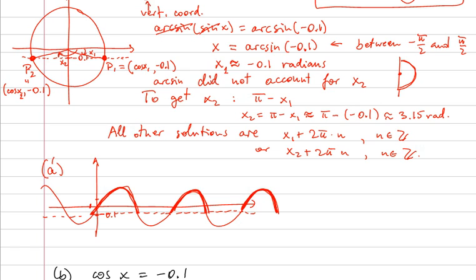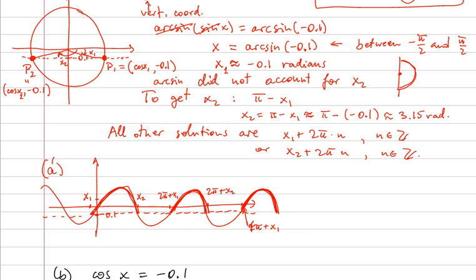And I'm aided by what I did before. This is my angle x1, and here is my angle x2. This is my angle 2 pi plus x1, and here is 2 pi plus x2, and so on. Here is the angle 4 pi plus x1, and so on and so on.